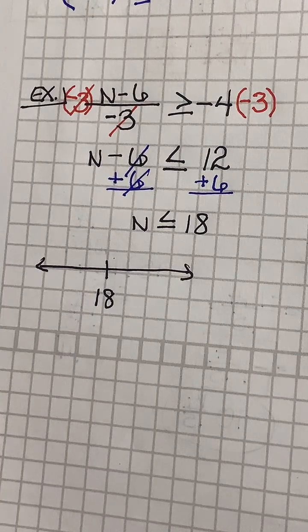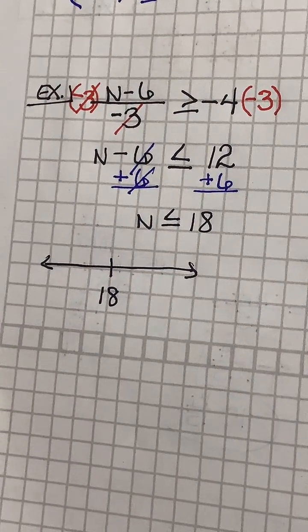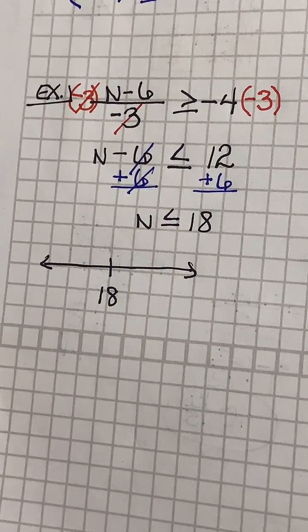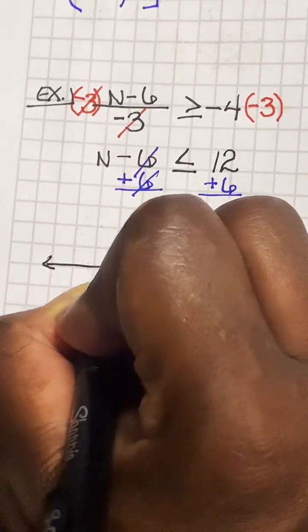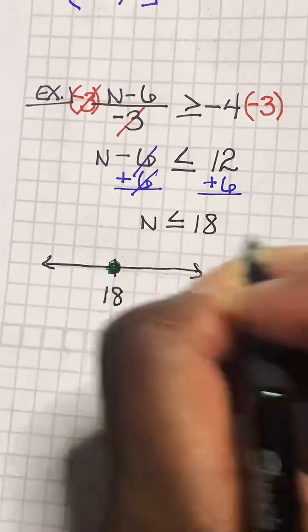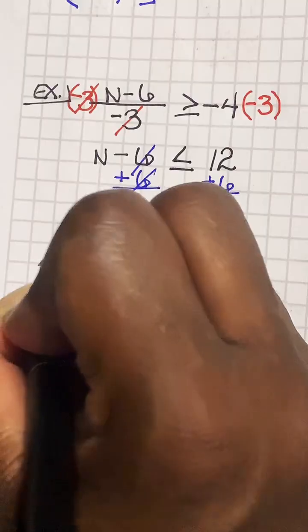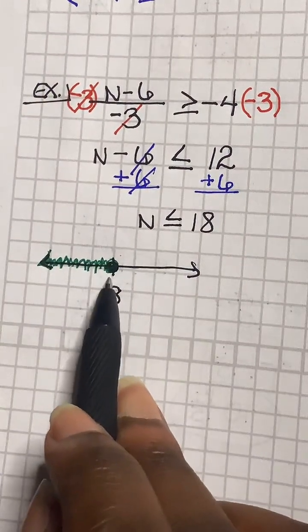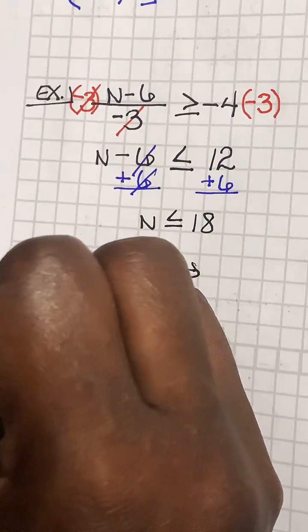Hannah, closed to the left. Melvin, closed to the left. Reed, closed to the left. There we go. So we have a dot, and then we're shading to the left. We're saying all those points that are less than or equal to 18 will make it into a true statement.